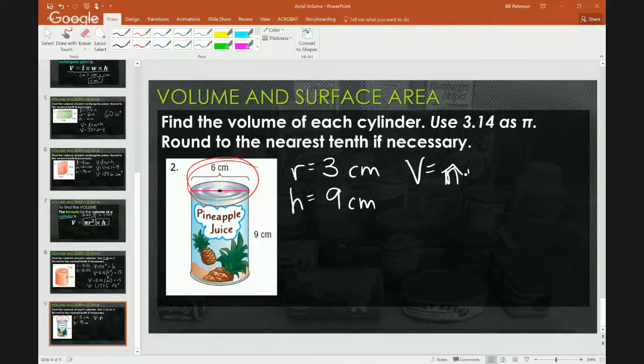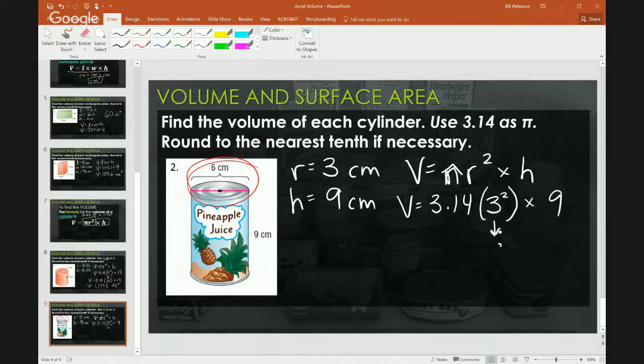Our equation is pi times radius squared times the height. So the volume is 3.14, and our radius is 3, and then we're going to square that, times our height, which is 9. 3 squared is 9 and not 6. Let's go ahead and rewrite everything so we have something to go back and check our work with.